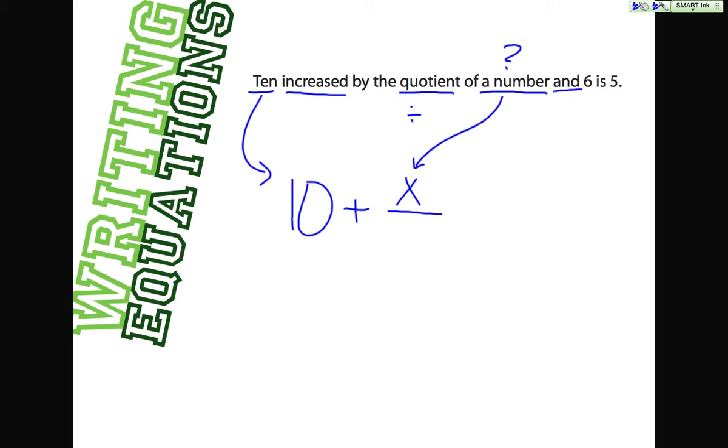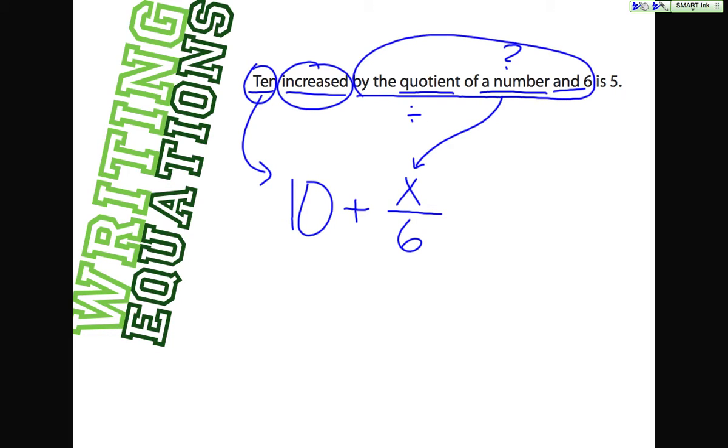And 6. So it's the quotient of a number and 6. So 10 increased by the quotient of a number and 6, is, the word is always becomes an equal sign, 5. And now again, we have a simple two-step equation, which we could solve if we wanted to, and that would help us to find what this mystery number is.